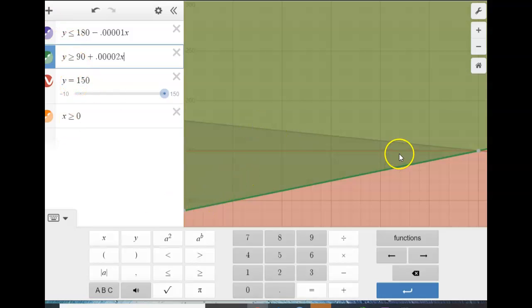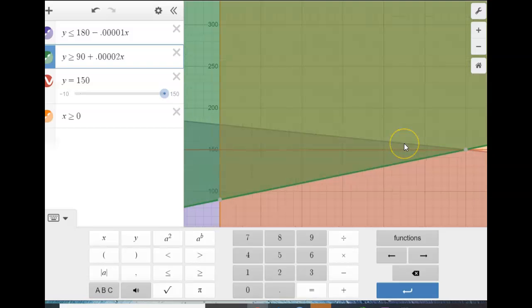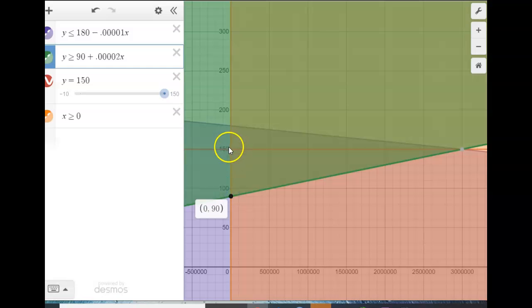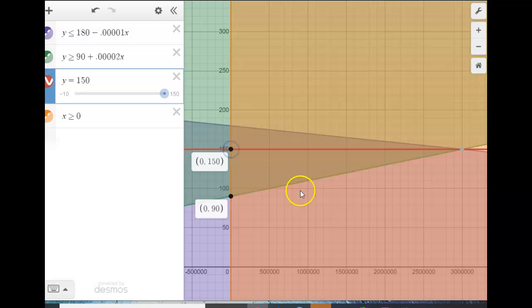and to find the vertices, remember you can solve the system, or you could use decimals to find those vertices, and so your solutions will be located there.